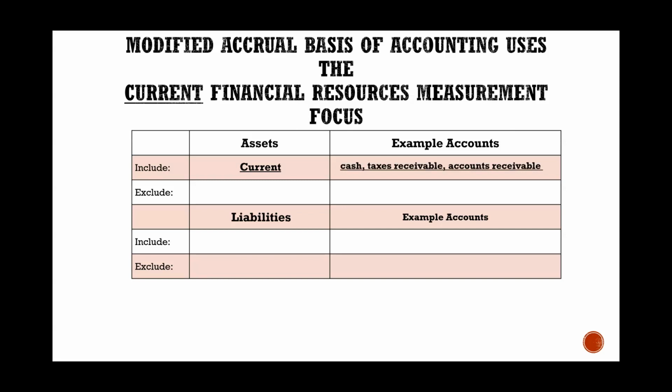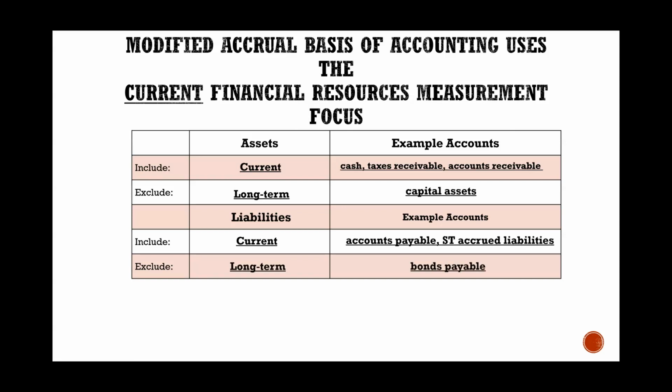Since we're a government entity, we don't receive all of the cash for the taxes we levy all at once. We're going to have some outstanding. They become a receivable. Accounts receivable, we will also include. We will exclude any type of long-term asset that includes capital assets, right? For liabilities, we're going to do the same thing. We're going to include current liabilities, so accounts payable, short-term accrued liabilities, and we're going to exclude any long-term liabilities, so things like bonds payable.